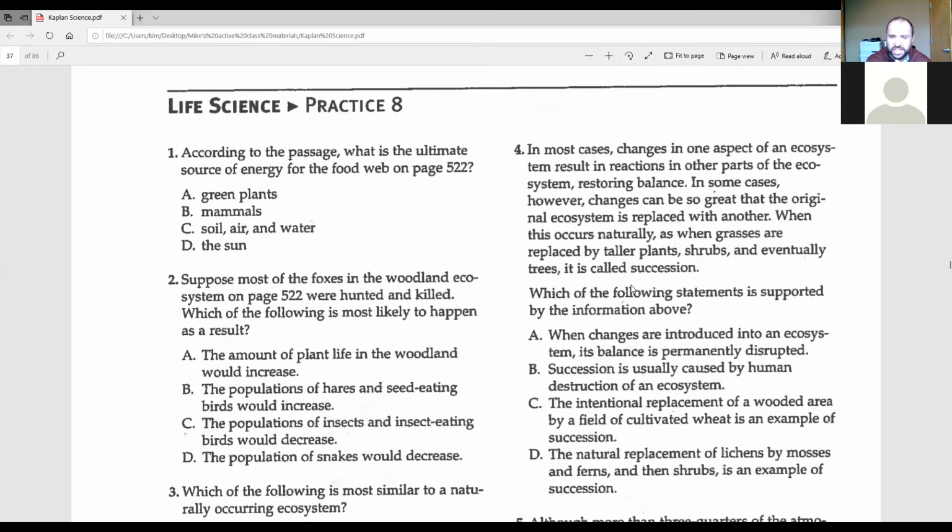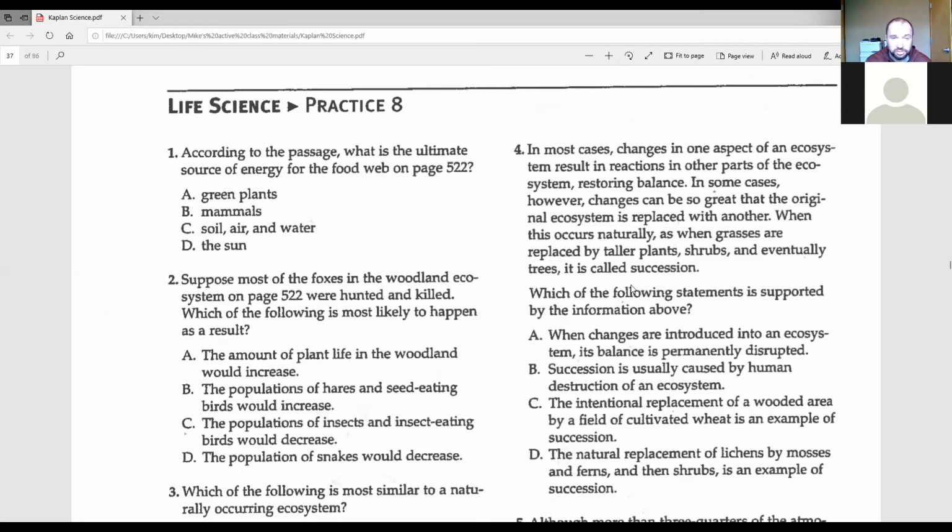C says the intentional replacement, which implies that humans remove a forest and replace it with a field of wheat. Okay? Neither of those are naturally occurring. So B and C aren't right. So between A and D, what makes the most sense? A, when changes are introduced into an ecosystem, its balance is permanently disrupted. Or D, the natural replacement of lichens by mosses and ferns and then shrubs is an example of succession.